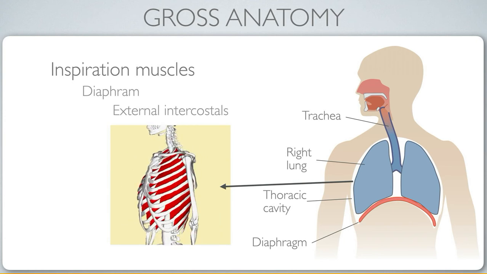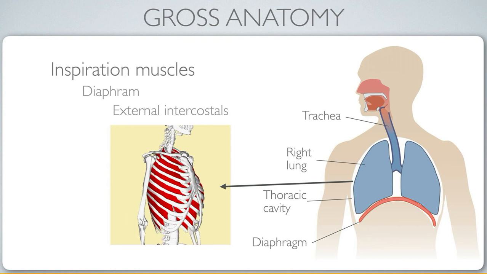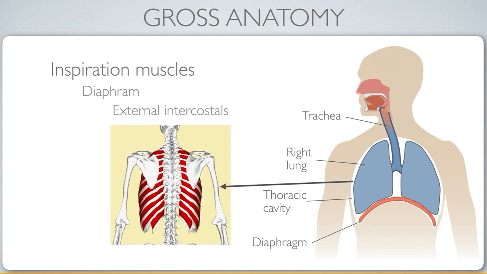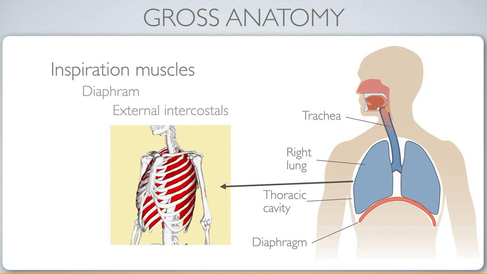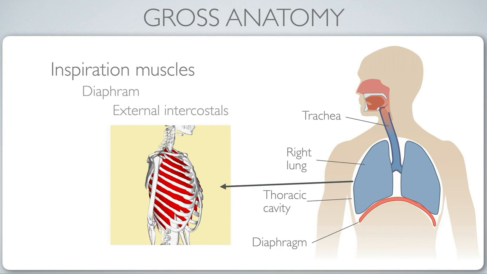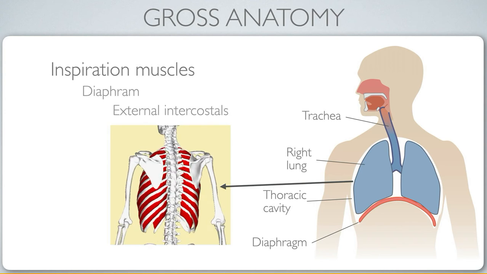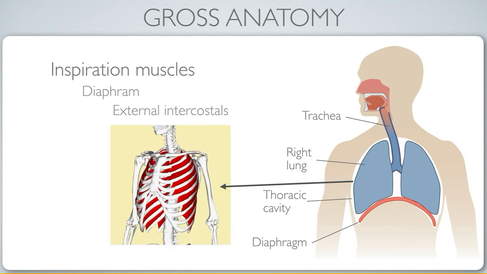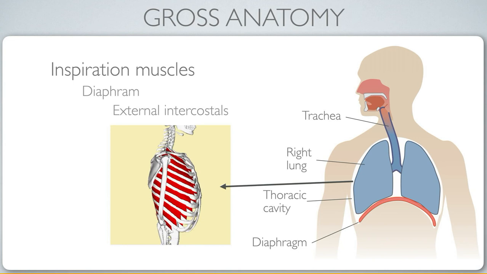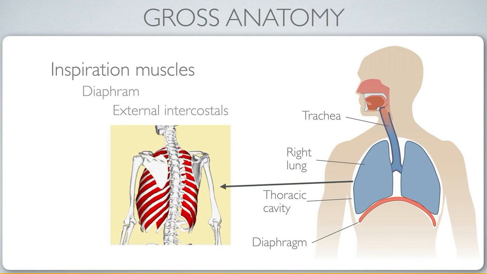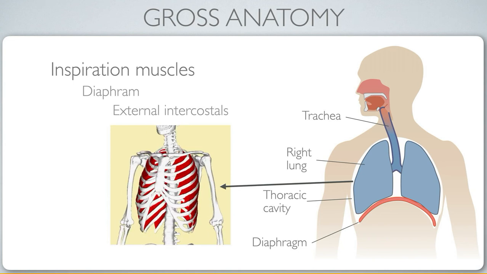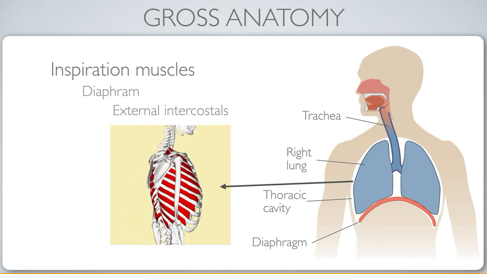The rib cage wraps around the thoracic cavity, and anything that serves to expand the volume contained inside of the ribs is going to expand the volume of the thoracic cavity. And inspiration is driven by an expansion in the volume of the thoracic cavity.